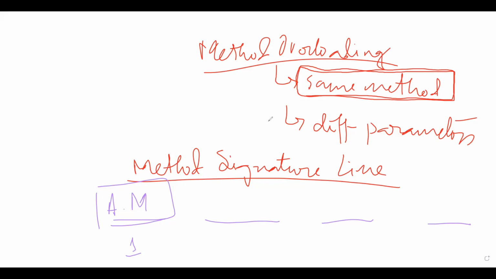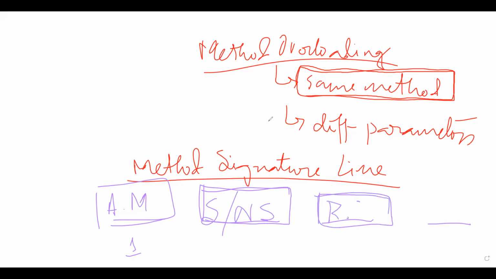This method is only applicable inside the subclass and package. Okay. Second thing, memory access modifier, static or non-static. Third thing, return type, and name. This is the method signature line.